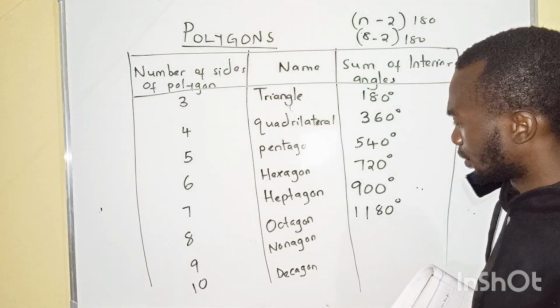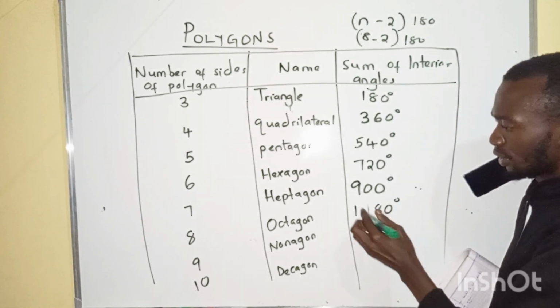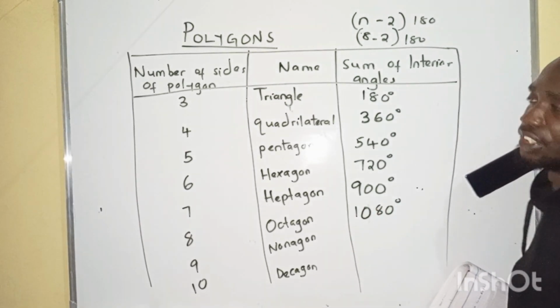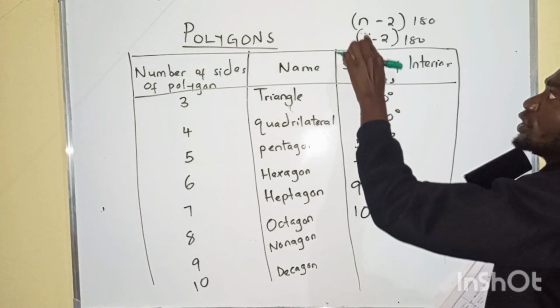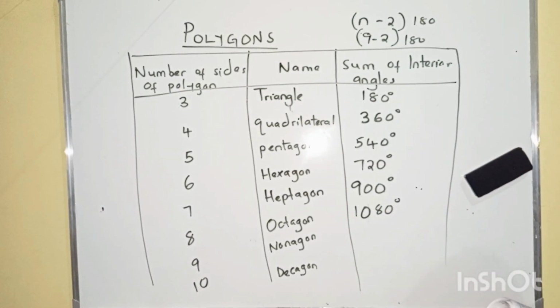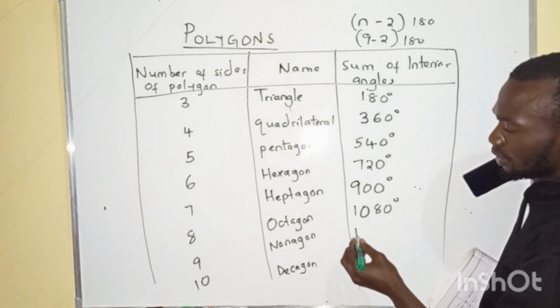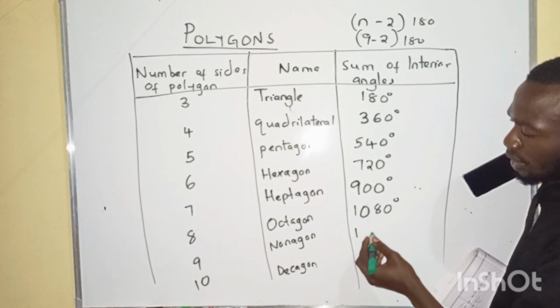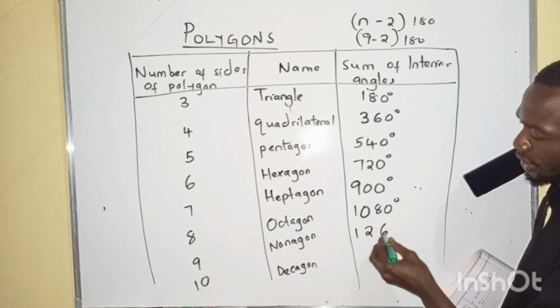1080 degrees, sorry. Then we go to the 9-sided figure. So n minus 2, that is 9 minus 2, that is 7, times 180. This gives you 1260 degrees.